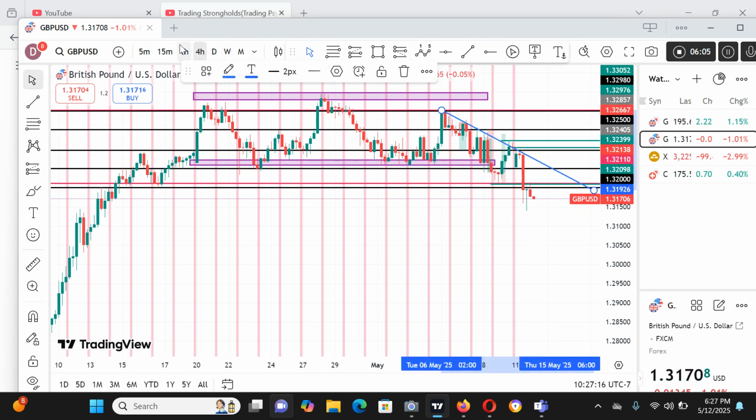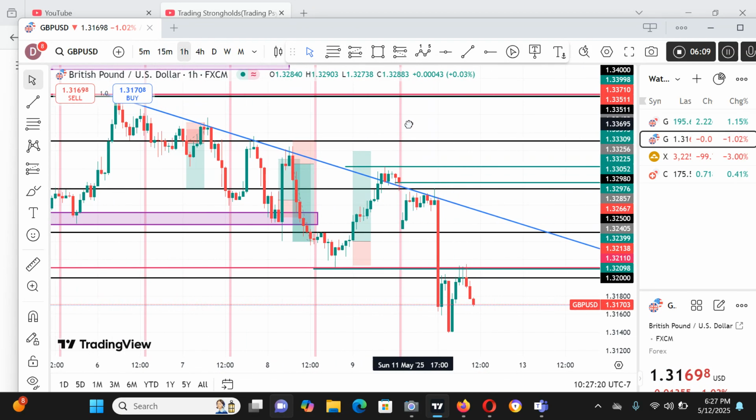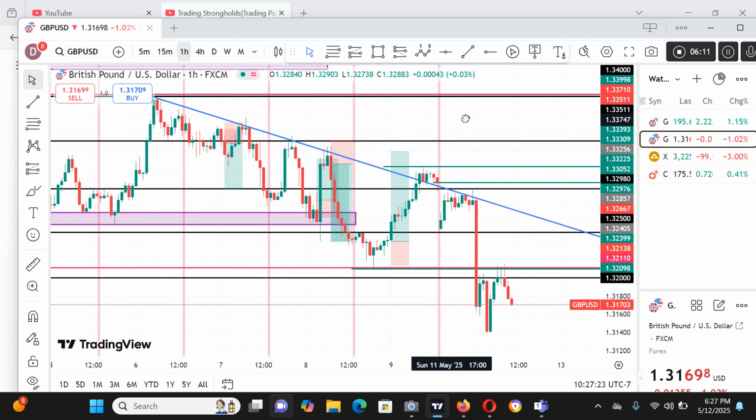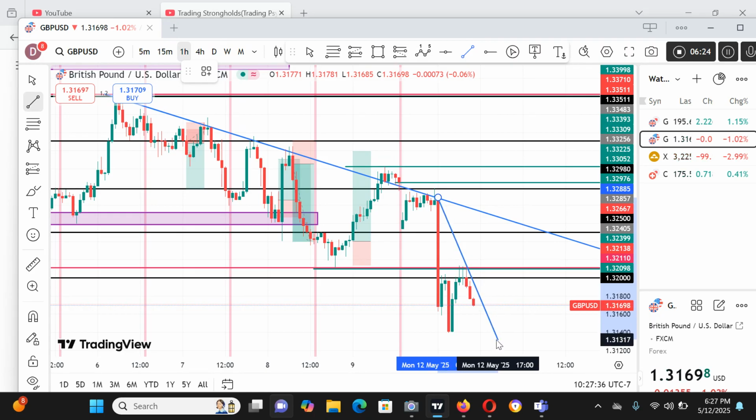Then we proceed to 1 hour time frame. You can see the market is on downtrend. We can also draw another trend line from here, starting from the origin here, where the first trend line touches it last. So we draw it into the future.